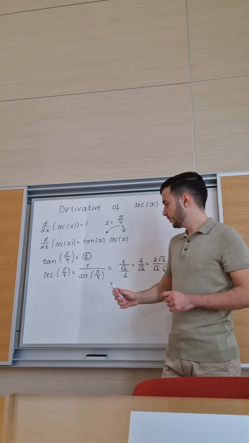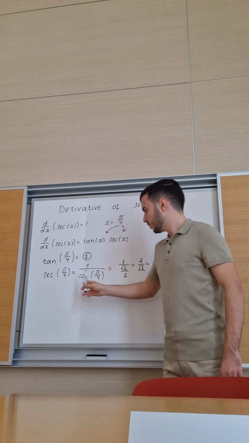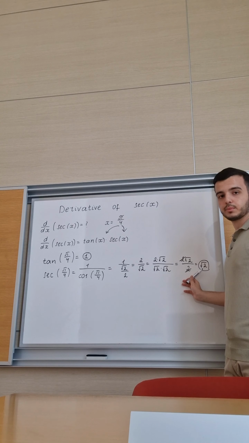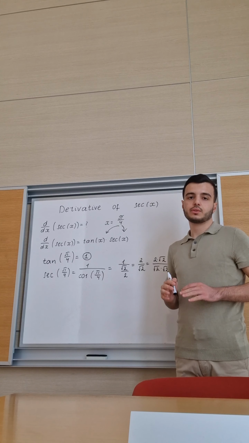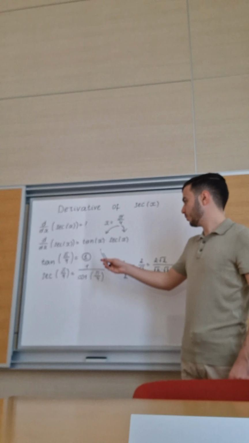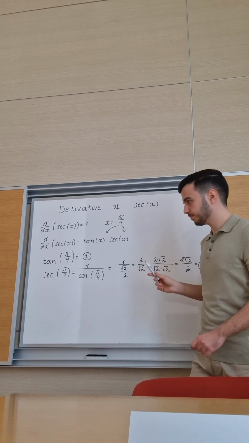And here we get secant π over 4 is square root of 2. And now the last step, we multiply 1 and square root of 2.